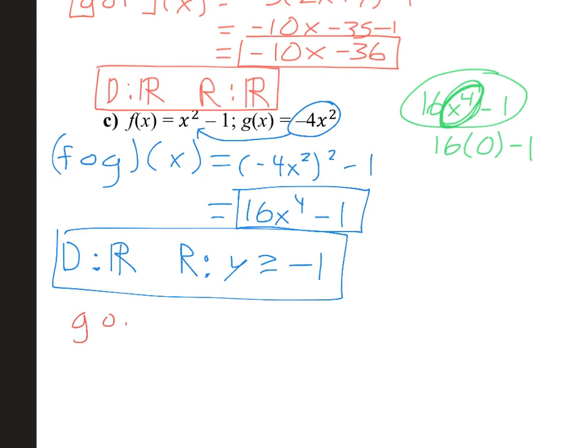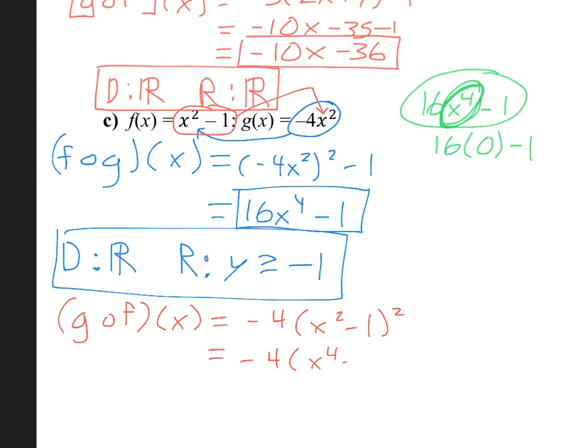Okay, g compose f of x. And now we're going to take f and plug it into the g equation. So this is negative 4 times (x squared minus 1) squared. So I have to multiply that out. Negative 4 times x to the fourth minus x squared twice, so minus 2x squared plus 1.